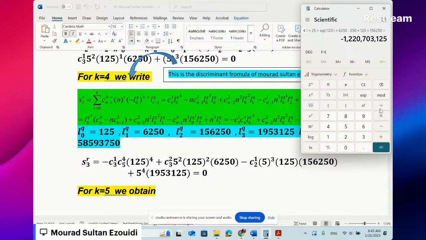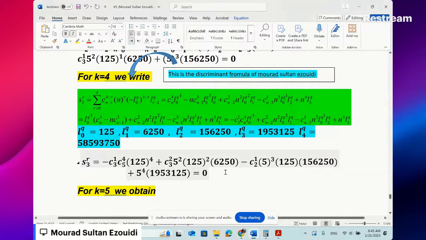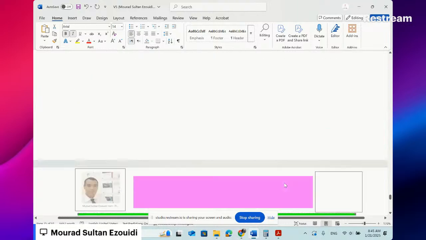Okay, I will divide this by 625. Yes, 1,953. Correct. Then I will go to the last coefficient.